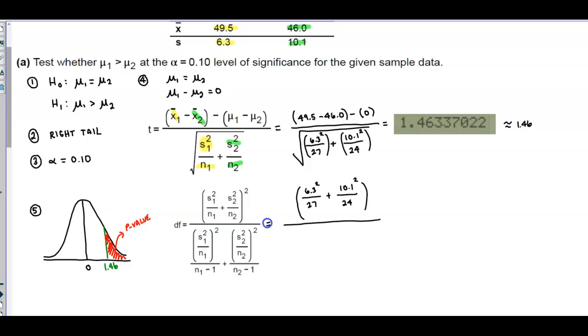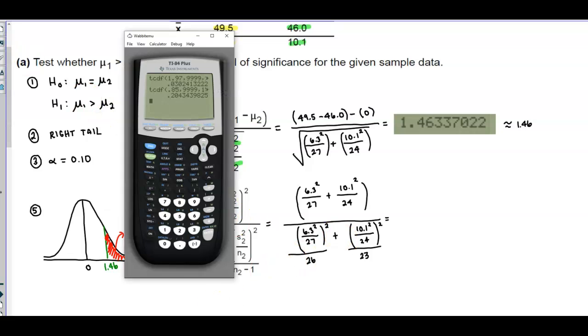Then we divide that by 6.3 squared over 27, squared, over the sample size minus 1, which is 26, plus 10.1 squared over 24, squared, over 24 minus 1, which is 23. This gives us the degrees of freedom.